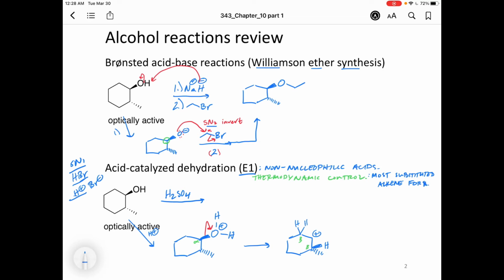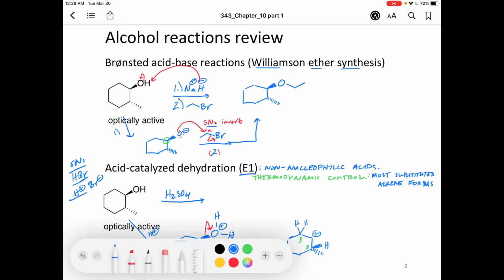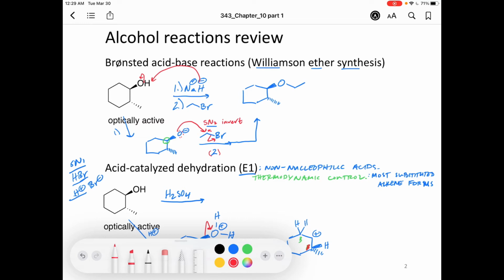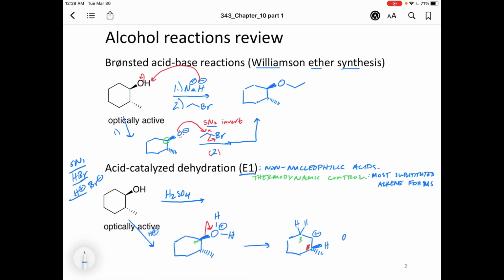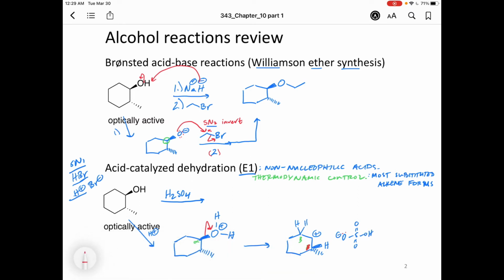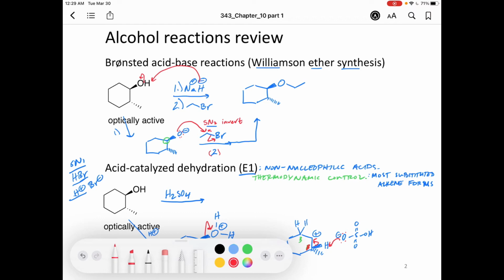And so we are going to take our hydrogen from this beta hydrogen on the bottom here, and that would make the most substituted alkene. So let's take the conjugate base of our acid from our sulfuric acid, and we're just going to deprotonate here. Okay, take this proton, fold the electrons down to form the alkene.